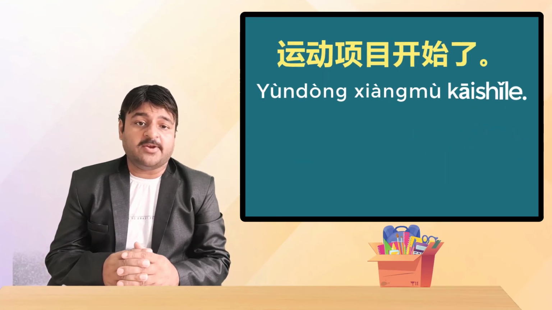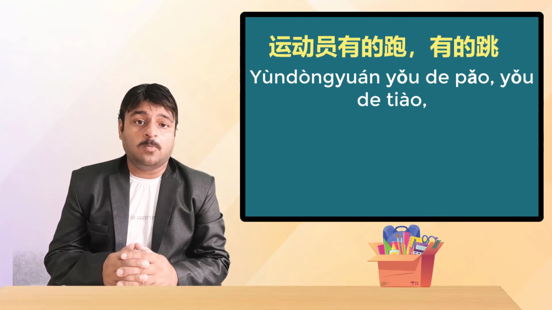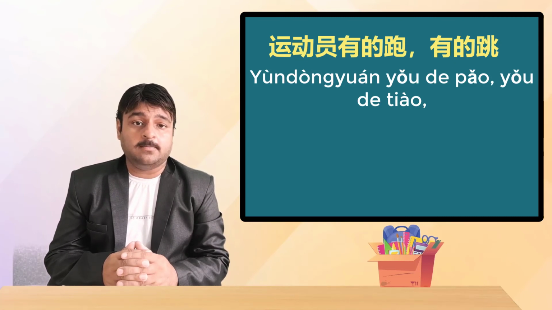运动项目开始了. The sports events started. 运动员有的跑，有的跳。运动员 sportsmen, 有的 some of them, 跑 run, 有的跳 is to jump.